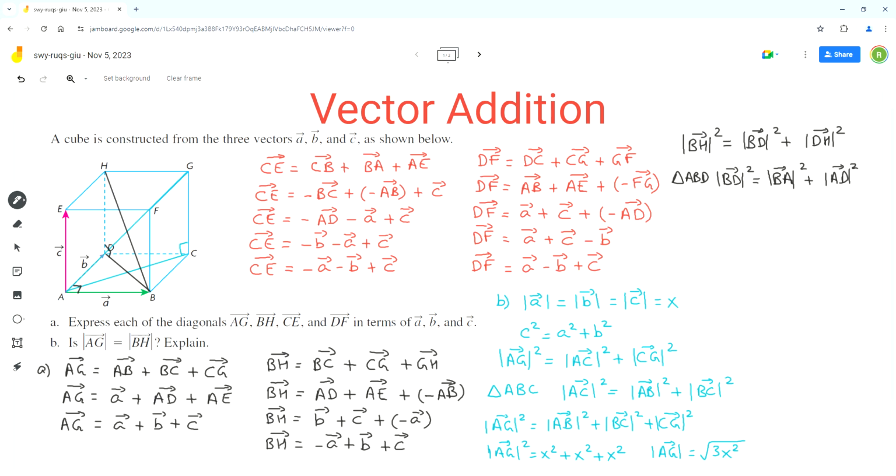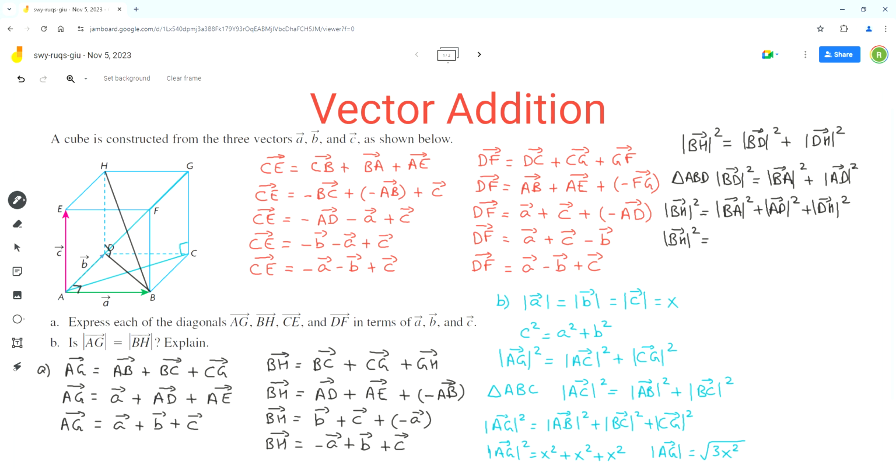Now we can do the substitution for the square of the magnitude of BD. Now BA, AD and DH represent the sides of the cube.